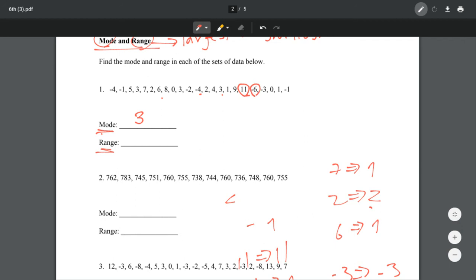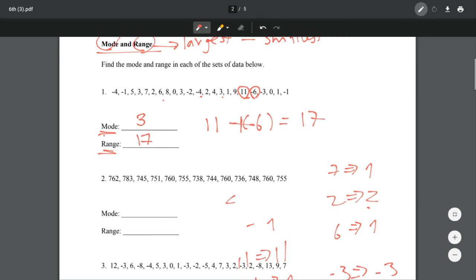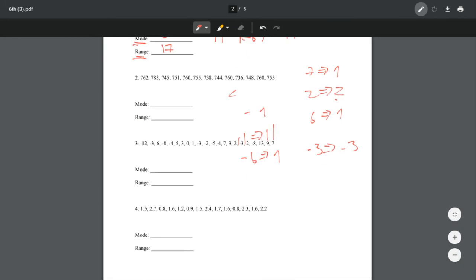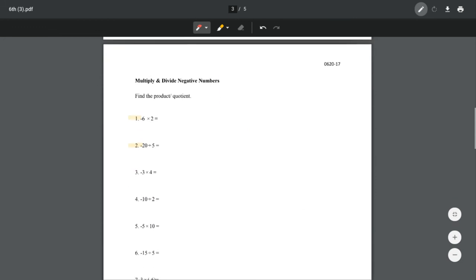When we subtract -6 from 11, two minuses turn into a plus, right? So what's 11 plus 6? 17. So 17 is our range. That's it. Try number 2, 3, and 4 on your own. Figure out the mode and range. And then let's move on to the third page.